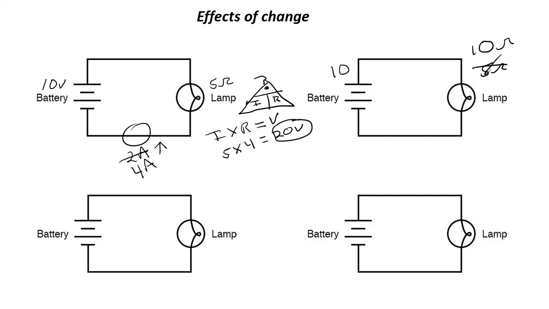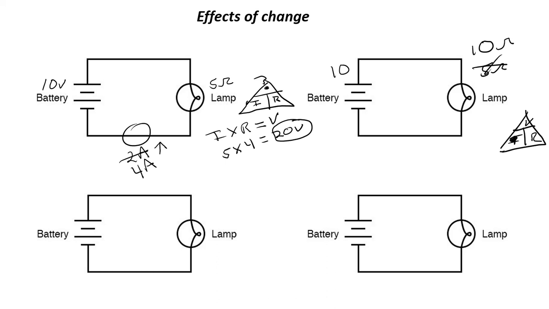My voltage stays the same. I'm going to draw my little triangle real quick. So I got V, I, R. So my volts are going to stay the same and my resistance goes up. So I'm looking for amps.